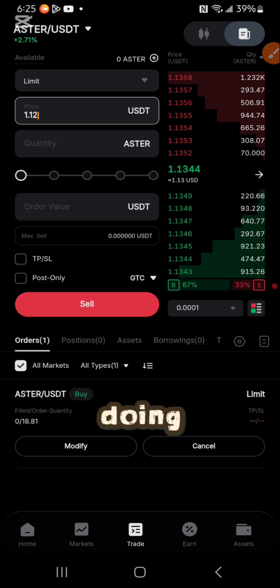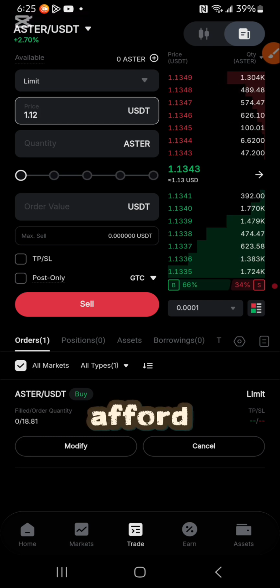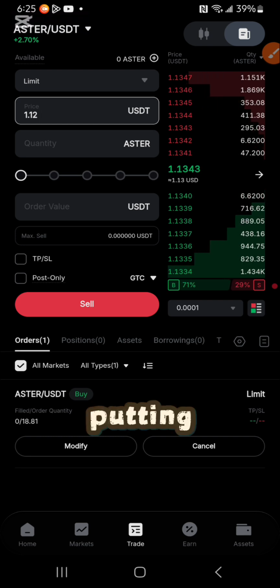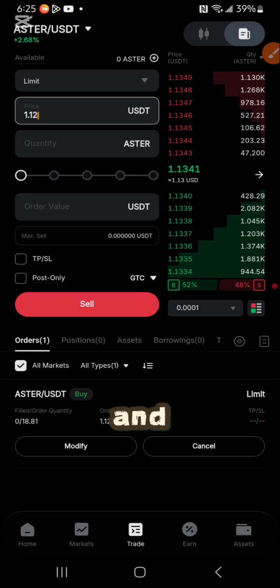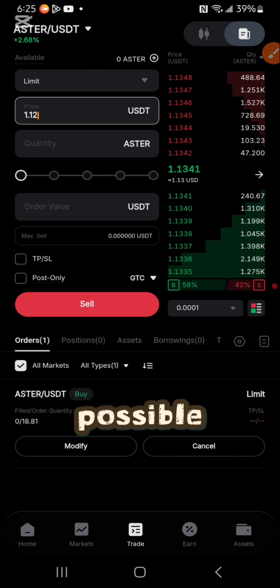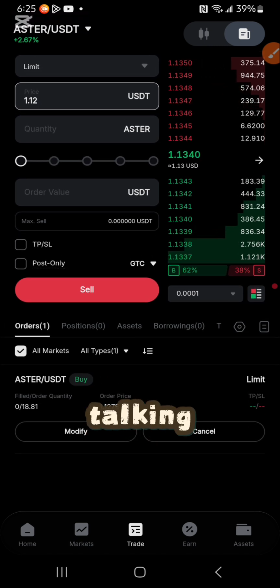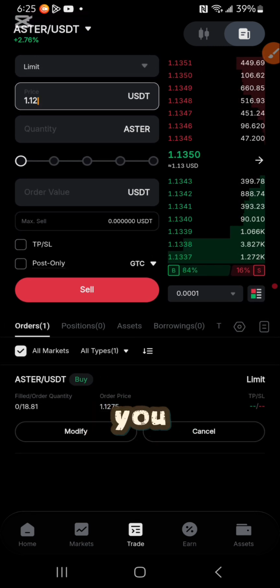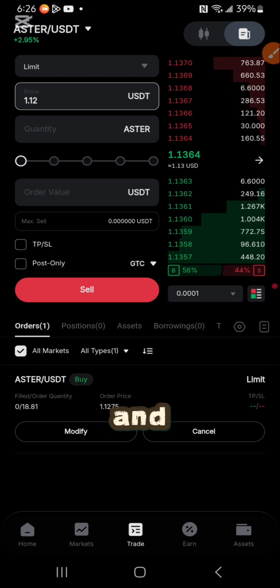But if you are doing it with money that is like spare money that you can afford to lose, putting a stop loss is not really necessary, because there might be ups and downs before any possible limit order gets triggered, if you know what I'm talking about. So you have to know how your portfolio looks, okay, and then you can take the decision with what I've just said.